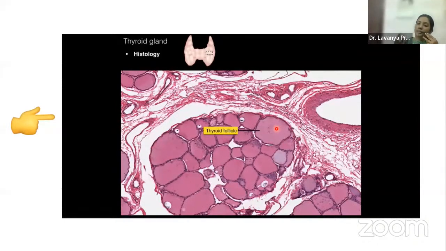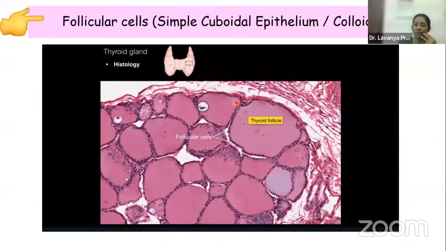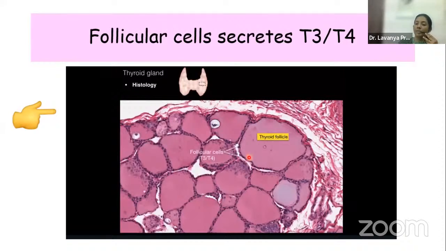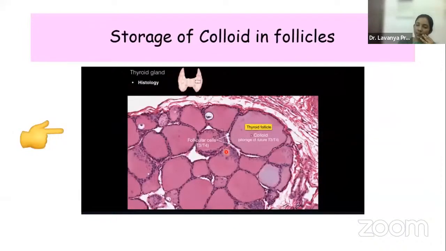When the follicle is in an intermediate stage of collection of colloid, we can see simple cuboidal epithelium. At the other end, when the production of hormone is active, we can see tall cells lining the follicles. Now, in between the follicles, we have the connective tissue septa, and within them we can see the parafollicular cells. What are these parafollicular cells?